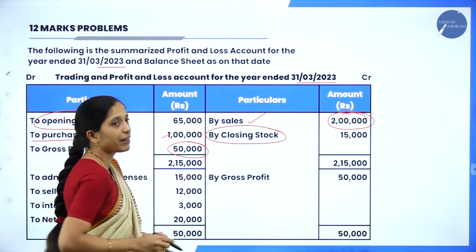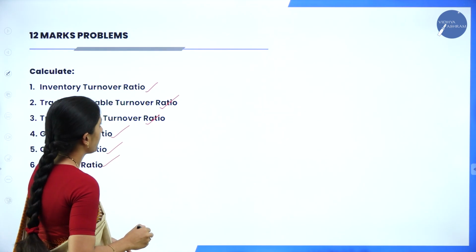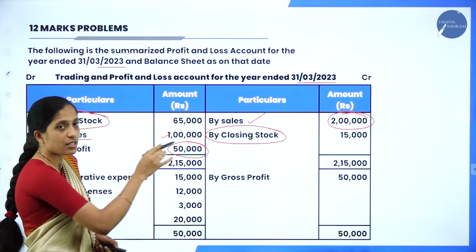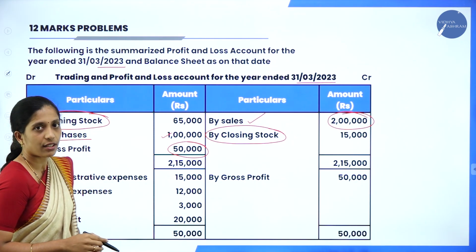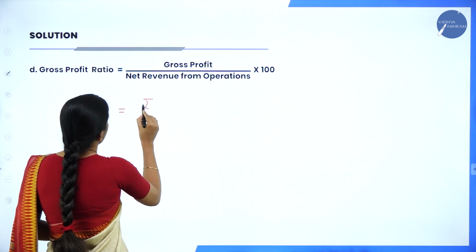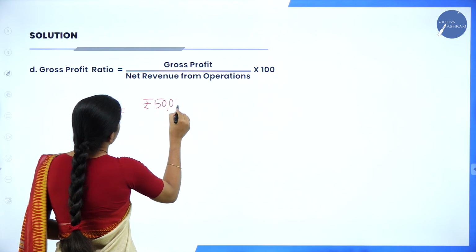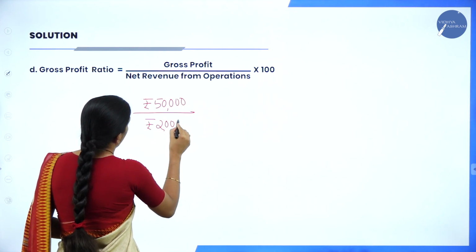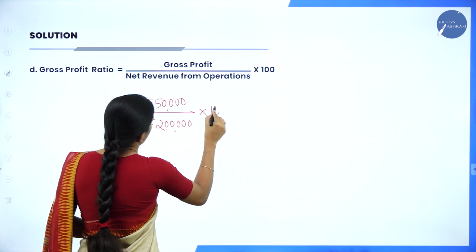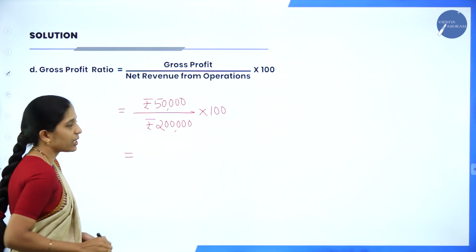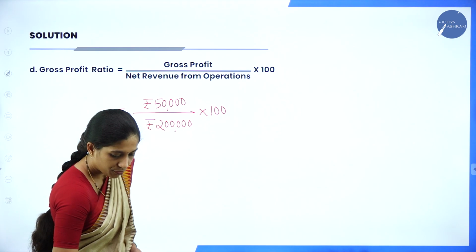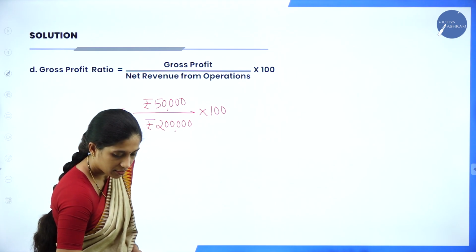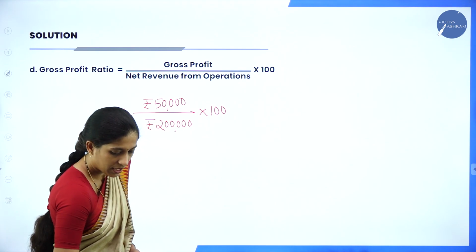So 50,000 divided by 2 lakh into 100. Rupees 50,000 divided by rupees 2 lakh into 100. So this is measured in terms of percentage.